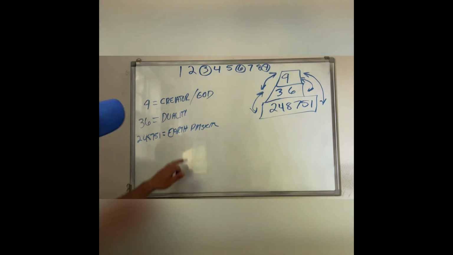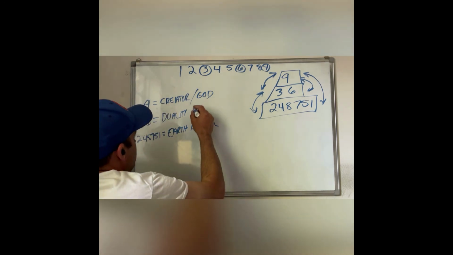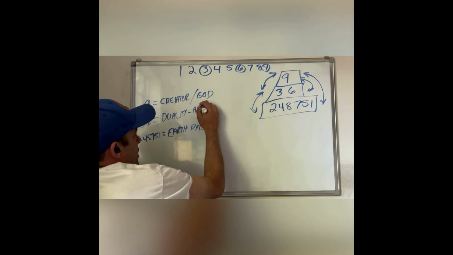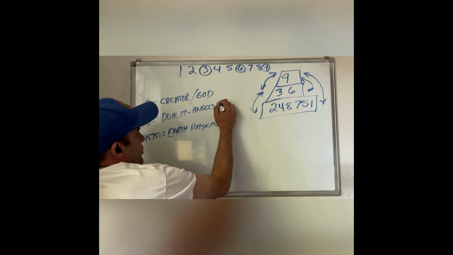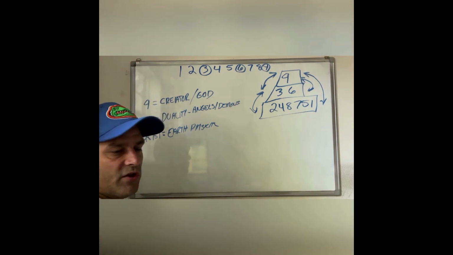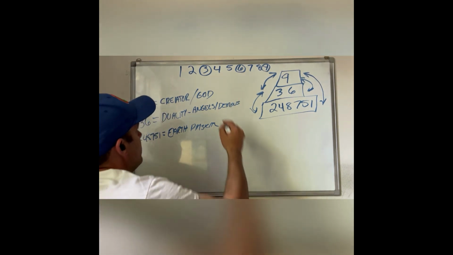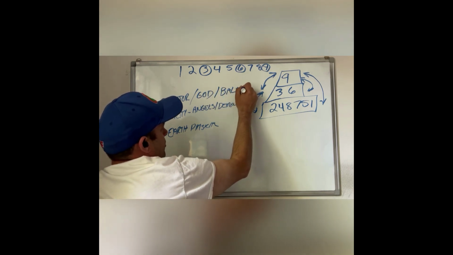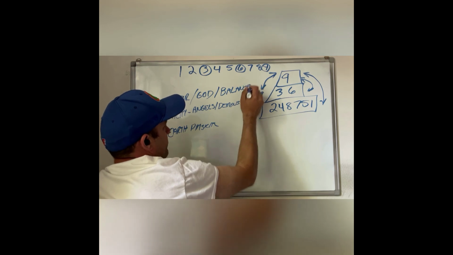And another way to look at this is duality can be angels and demons, right? And if you're into the laws of the universe, we can break that down even further. And God can be balance, right?